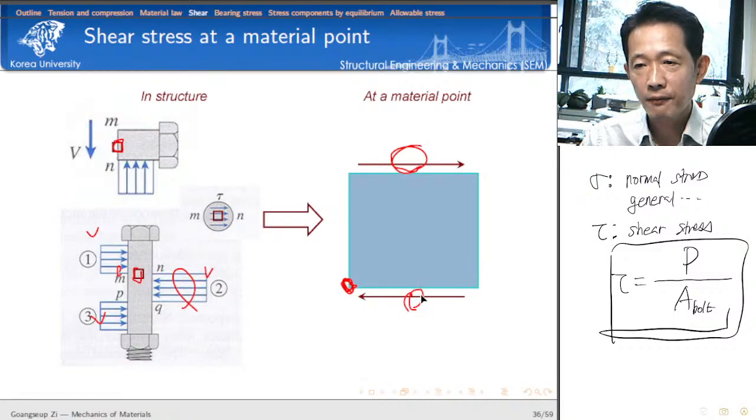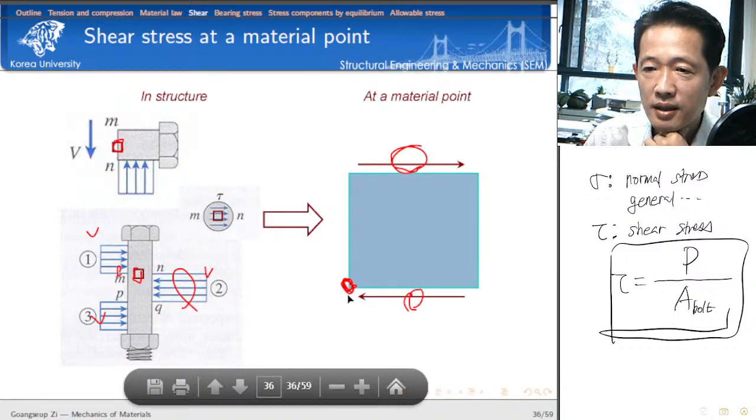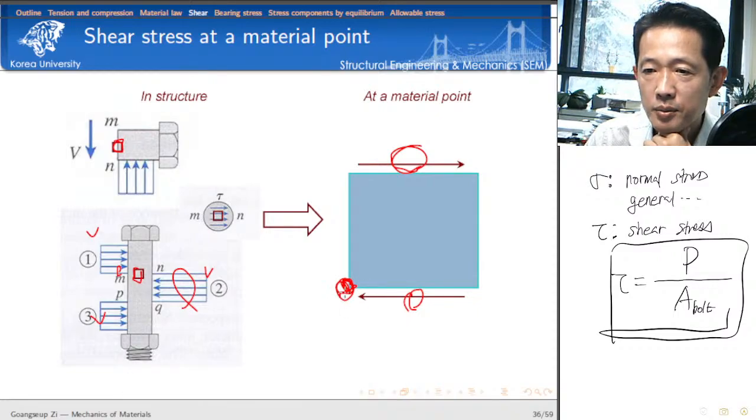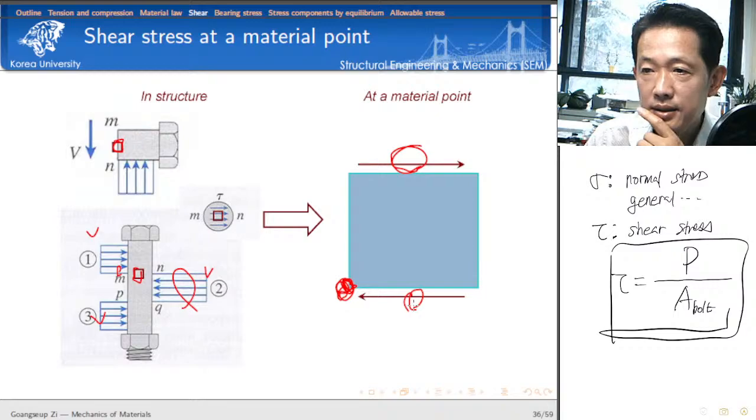Then we have the force for the calculation of moment. And what is the arm length here? Because we choose the reference point here, the arm length is equal to 0, which means the moment contribution by this force is equal to 0. There is no moment contribution.